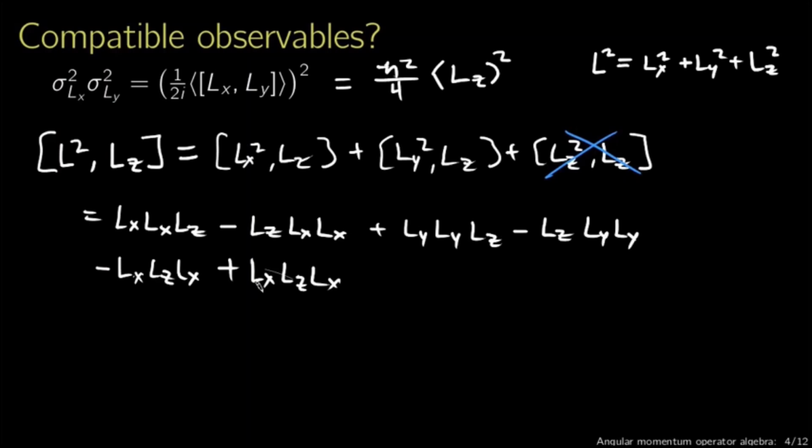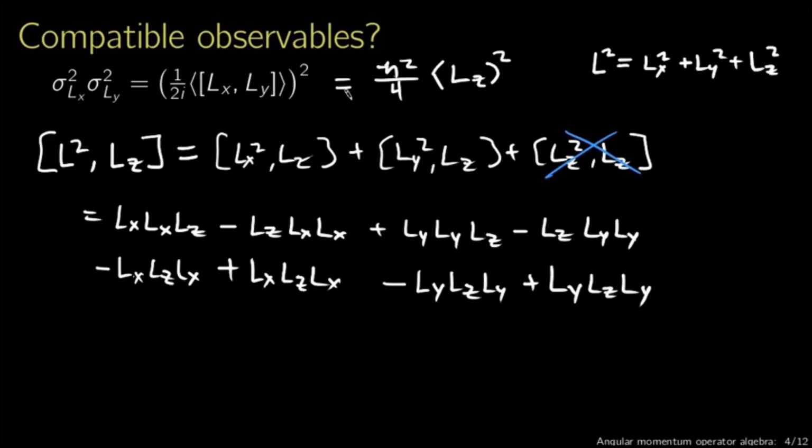So I haven't actually changed this expression any, I've just added and subtracted the same quantity. In the operator case, the addition and subtraction gets a little bit more difficult to understand, but this is essentially an identity. And I can do the same sort of thing here. I'll write minus Ly Lz Ly plus Ly Lz Ly.